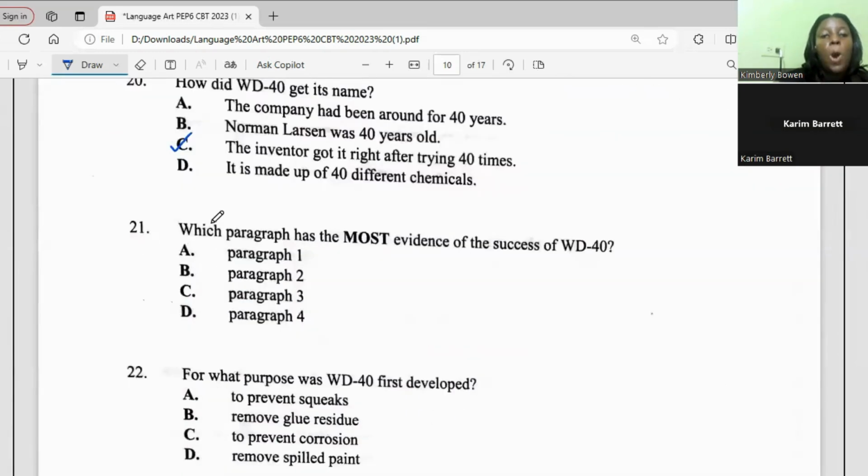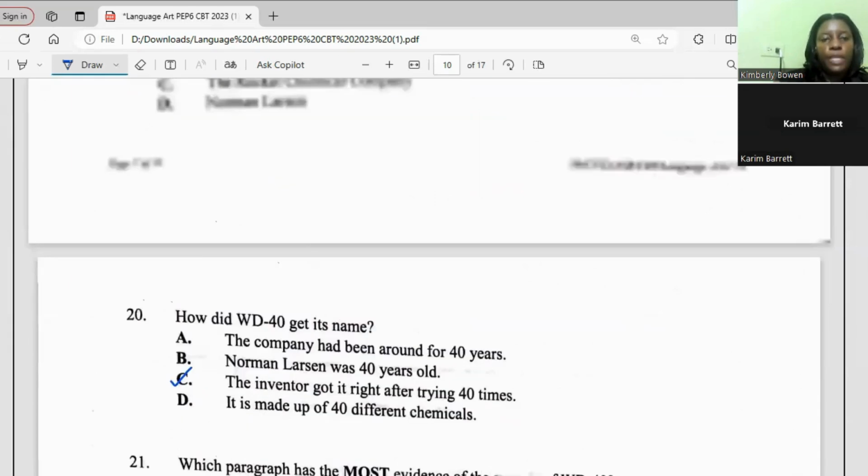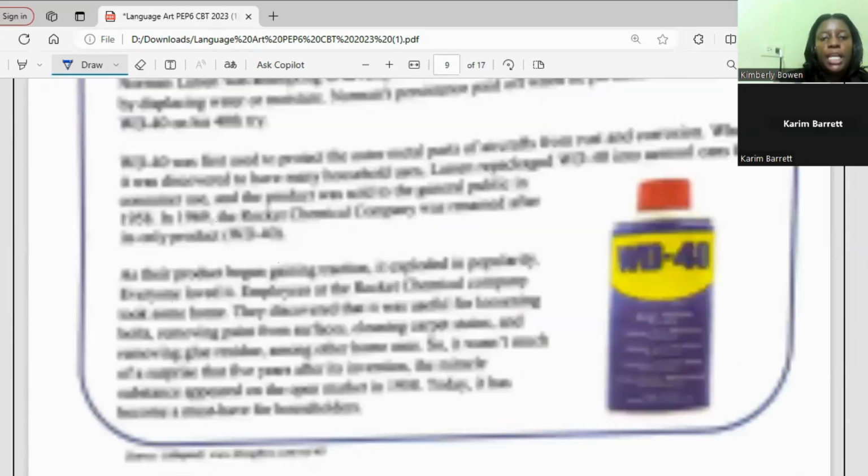Number 21. Which paragraph has the most evidence of the success of WD-40? So look back at the passage. Students, we have to try to become avid at reading comprehension passages because there will be a lot of reading comprehension passages in the curriculum-based test.